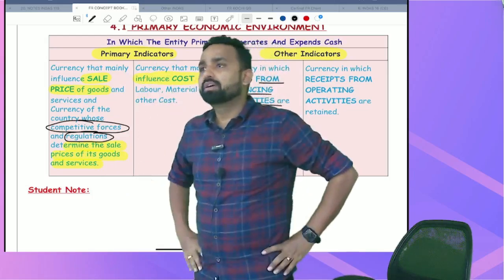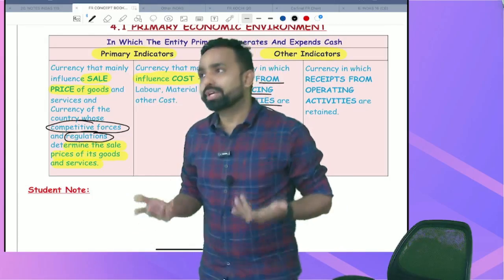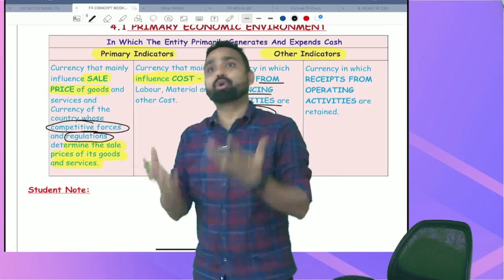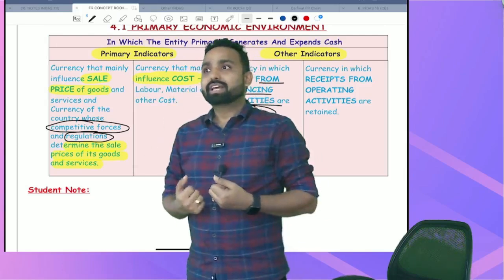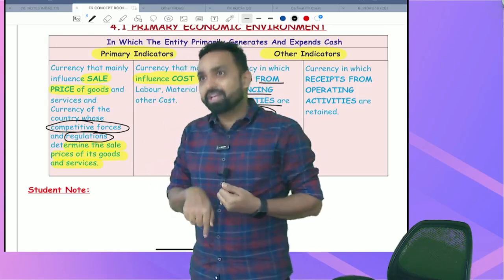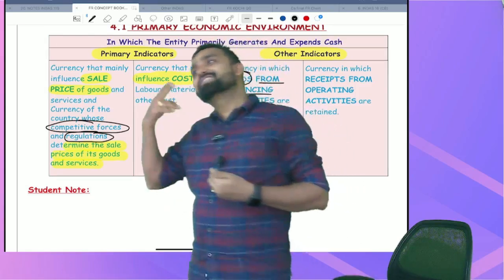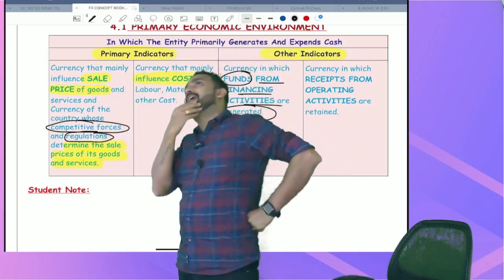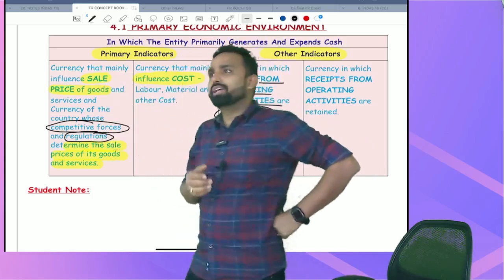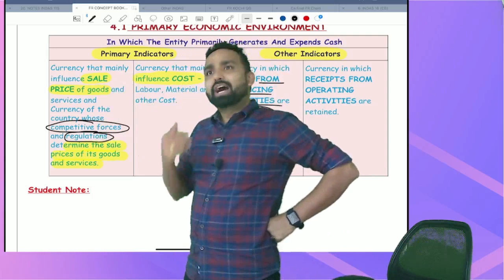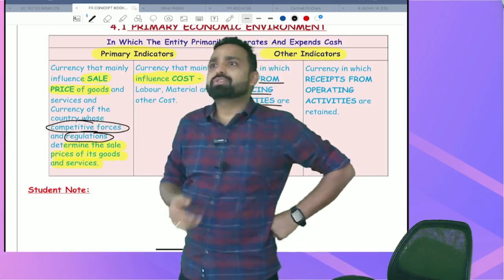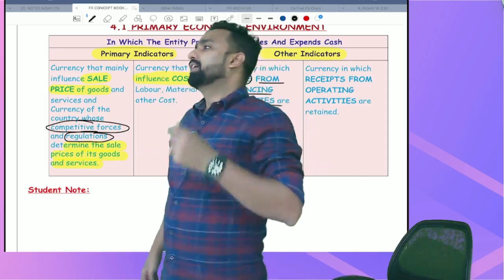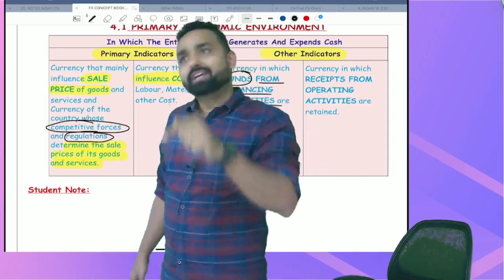Borrowings. How I arranged my funds, how I arranged my borrowings. Are they being arranged in India only, or somewhere else? So I decided that I arranged my funds from India only. I took a bank loan in India. I invested my capital in Indian currency only. I got the answer that my functional currency should be Indian currency.